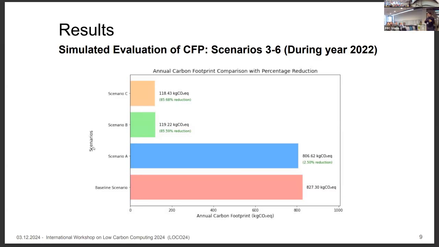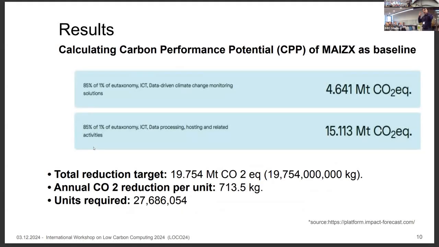The purpose of me presenting this here is not to just present a framework, but to show you the potential of this framework at a high level, for our targets for 2040, right? So if we apply this 85% carbon reduction to only 1% of the targets of ICT, data-driven climate change and monitoring solutions, and also apply that to ICT data processing, hosting, and related activities, we could achieve, this is an assumption, a theoretical calculation of the energy.